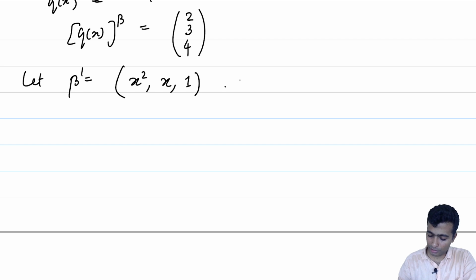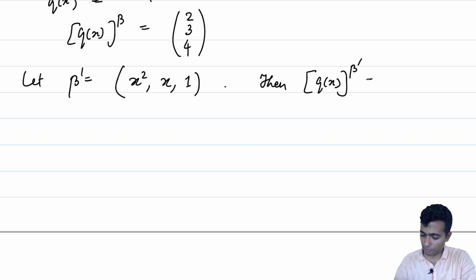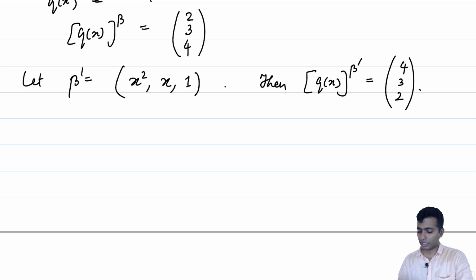And then what would be q of x with respect to this beta prime? The coordinate vector of q of x with respect to beta prime will just turn out to be equal to 4 3 2.